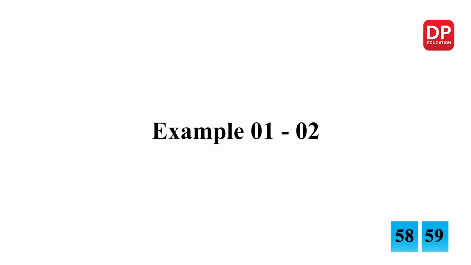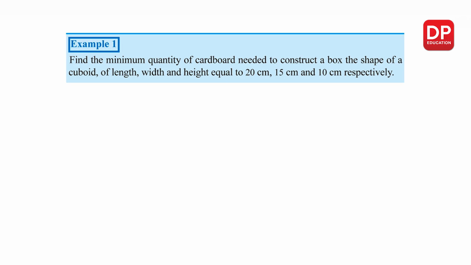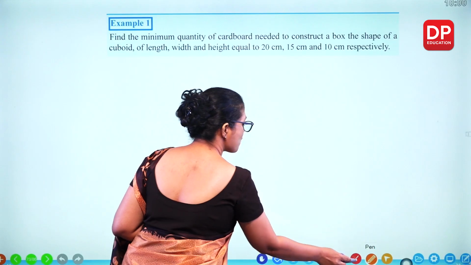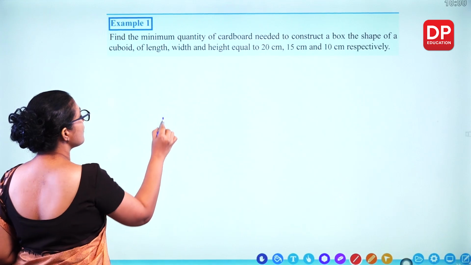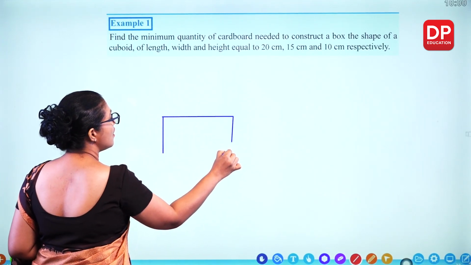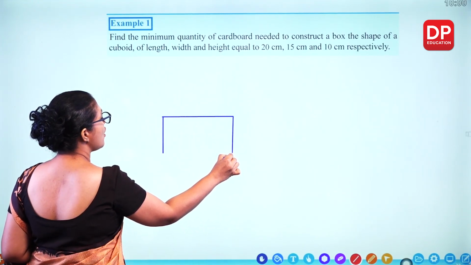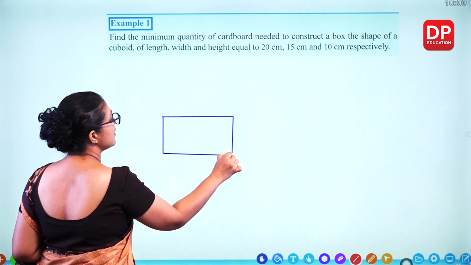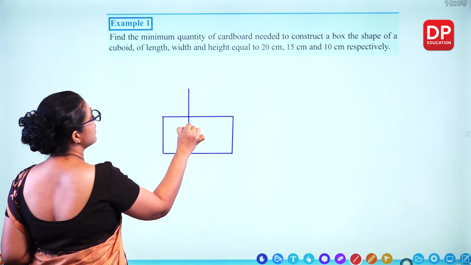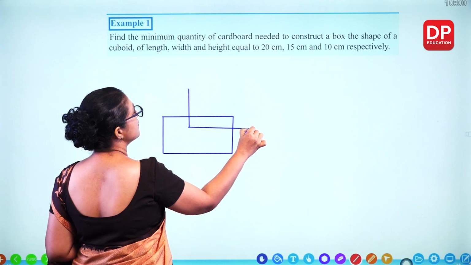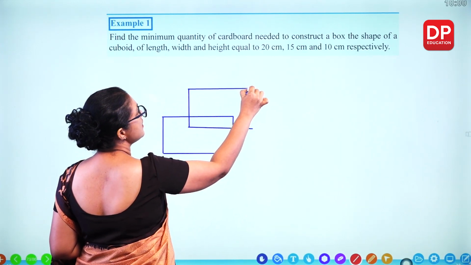Example number 1. Find the minimum quantity of cardboard needed to construct a box the shape of a cuboid of length, width and height equal to 20 centimeters, 15 centimeters and 10 centimeters respectively. So that means a cuboid, do you know how to draw it? You draw a rectangle, another rectangle here, and then we connect it.